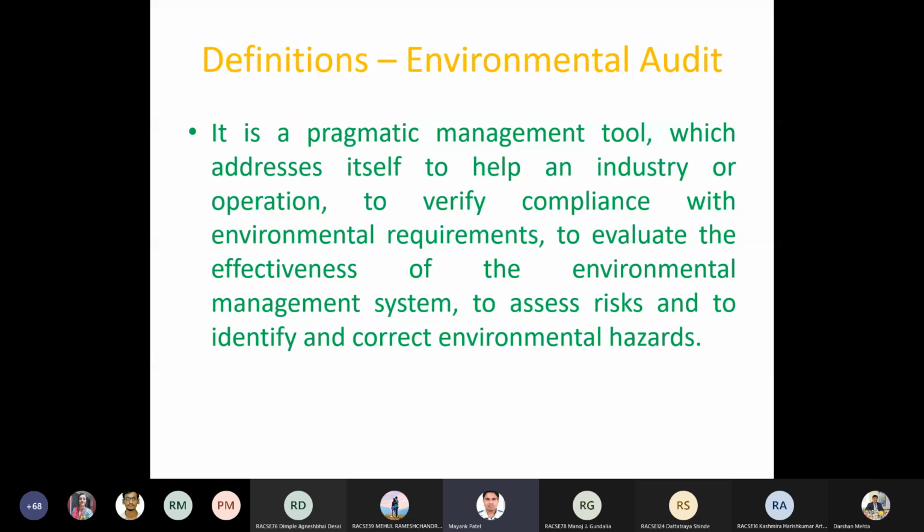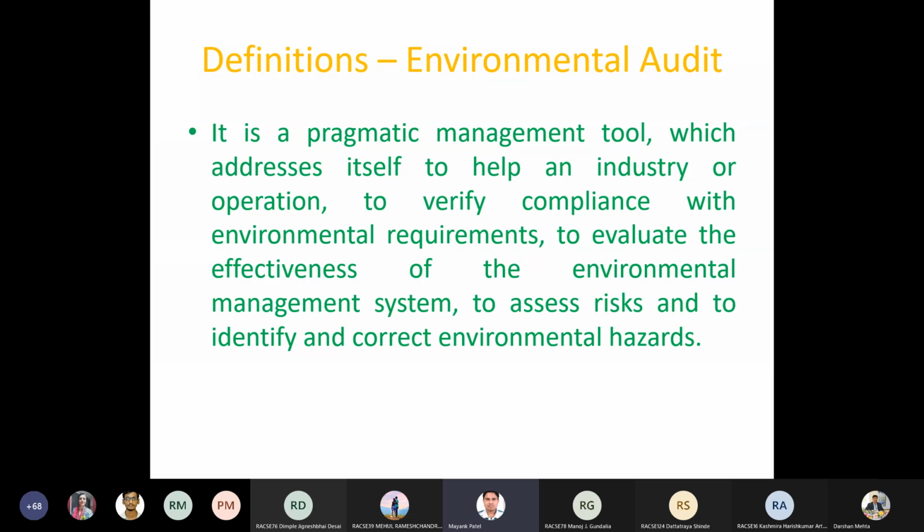So along with the other parameters, various aspects in environmental audit, we also check or evaluate the effectiveness of the environmental management system. Say for example, if you have installed air pollution control equipment, say for example cyclone separator, then what will be the efficiency of that cyclone separator? So for checking that, you need to take the sample from the stack after cyclone separator.